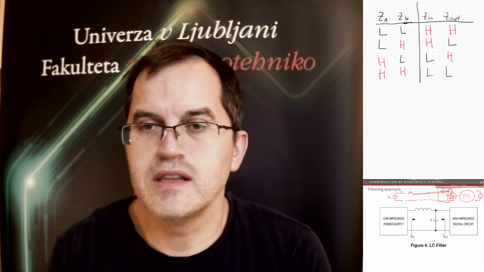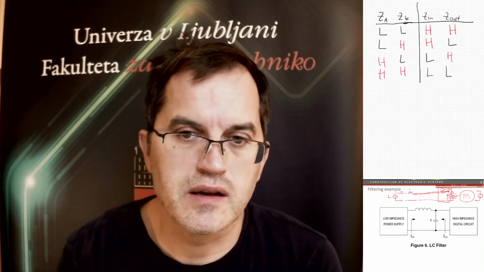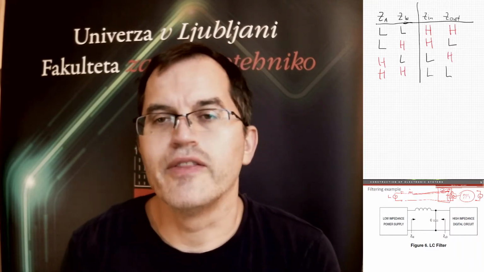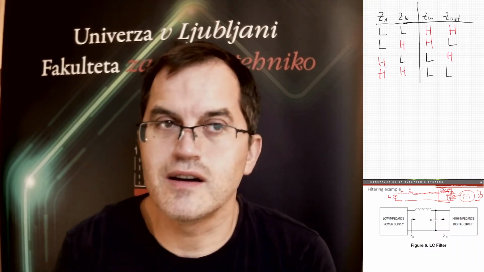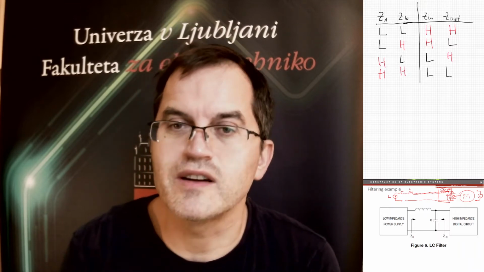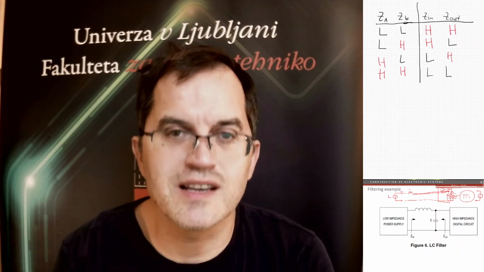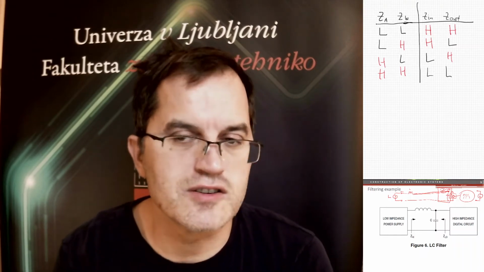So these parasitic values are hard to determine. The other thing is, it is quite hard to determine what the impedances of your circuit are, to calculate precisely what the insertion loss would be.